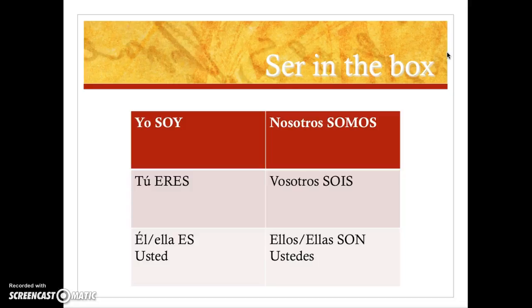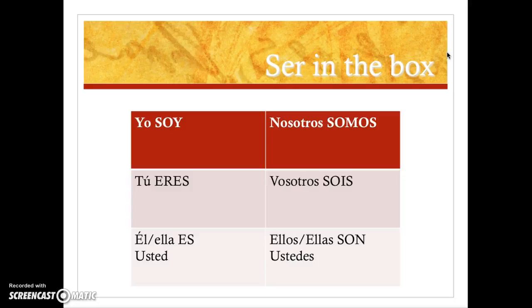Next to it, we have the subject pronouns. Those are the words that are not in all caps. So we would have yo soy, tú eres, él, ella, usted es, nosotros or nosotras somos, vosotros, vosotras sois, ellos, ellas, ustedes son.